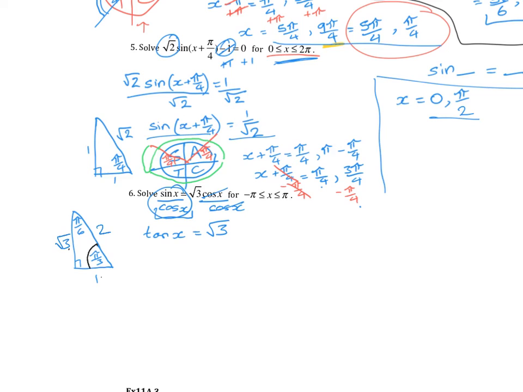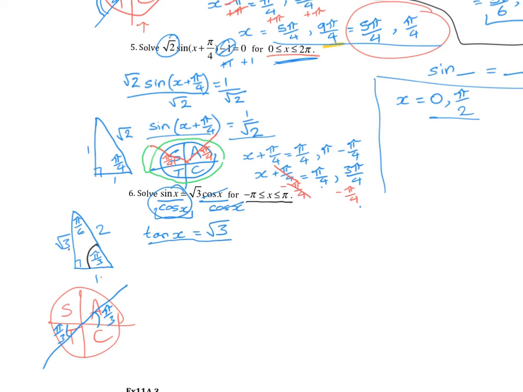So now let's draw the unit circle. All right, so here in our new version of the equation, tan is positive. So that's in this quadrant and this quadrant, and our acute angle is pi on 3. Okay, so if we move around, now we're going from negative pi to pi.